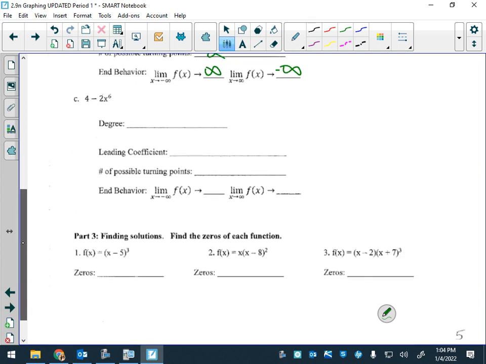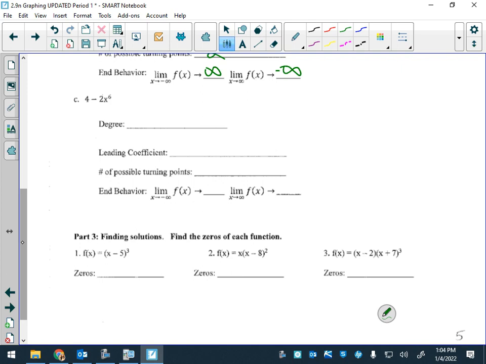Okay. Now for C, what is my degree, Esteban? 6, which is even. Jack, what's my leading coefficient? Yep. -2, which is negative. Blake, how many turning points?